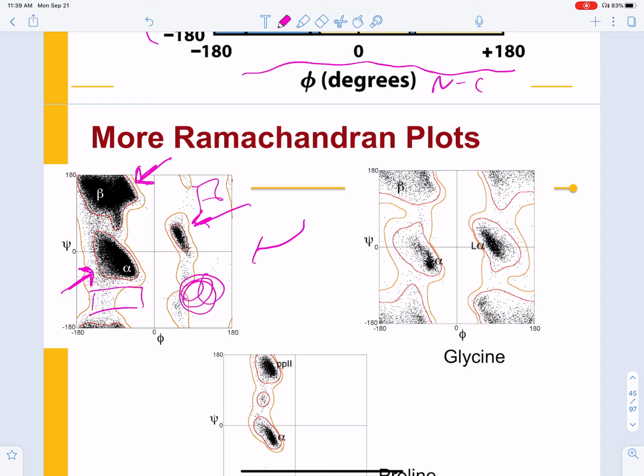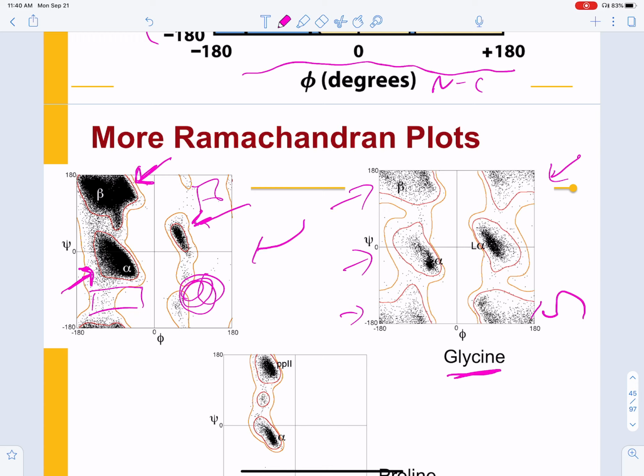And if we were to pull this apart and look at particular amino acid residues, we will see that some amino acids have a little bit higher degrees of flexibility. Note for glycine, here you have a little bit more that's able to happen, relative to every other amino acid configuration.